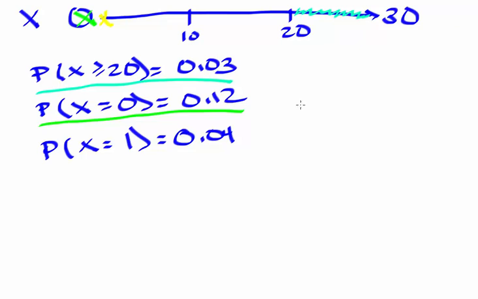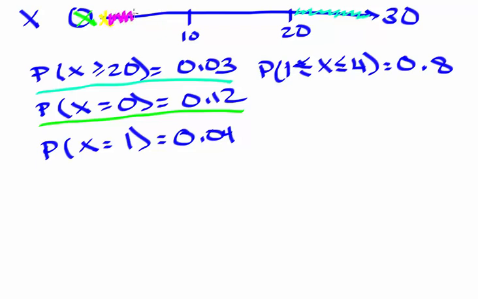And lastly, we know that the probability of the number of on-time flights ranging from 1 to 4 flights is equal to 0.8, and that's represented here, so up to 4. Underline that for you.